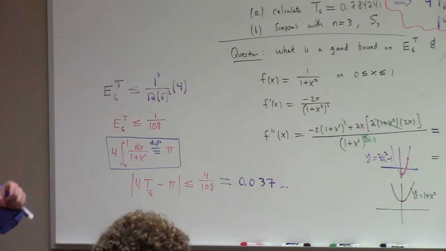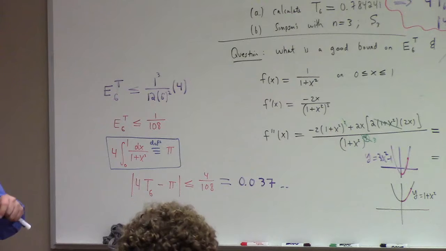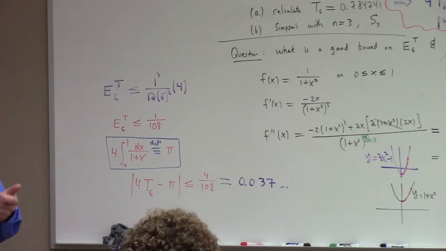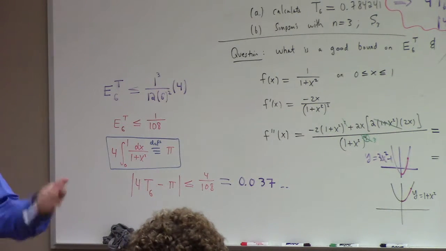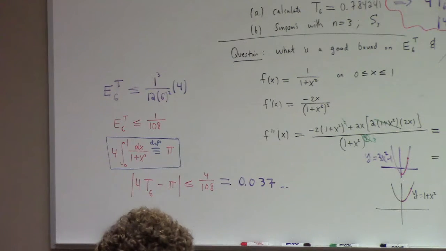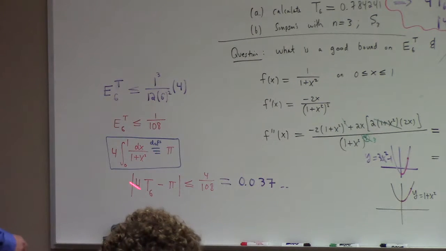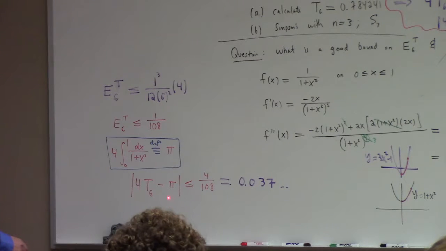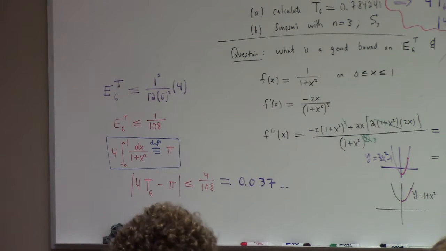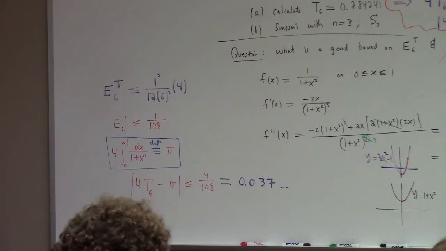If you have a bound of epsilon for the integral of f, if you take c times f, where c is a positive constant, the new error would be just c times epsilon, because we're talking about absolute error. It's just multiplicative. So this analysis tells me that if I take 4 times the trapezoid rule, order 6, and subtract pi, I should be within 0.037 of the actual value of pi.